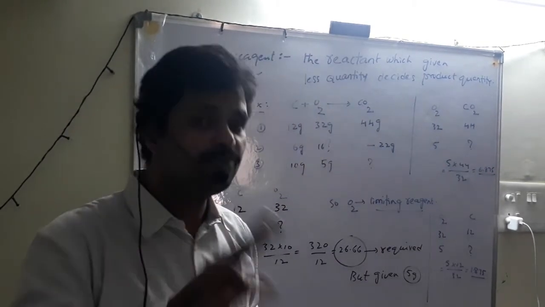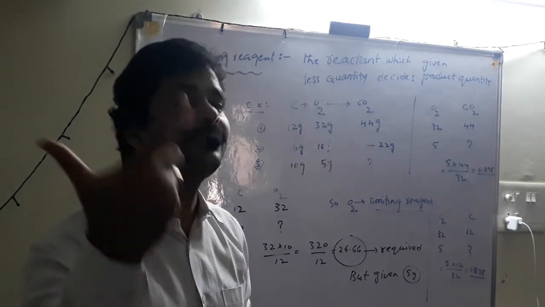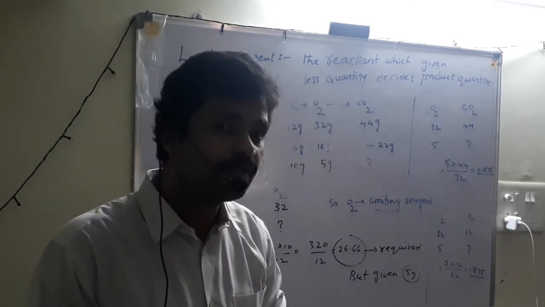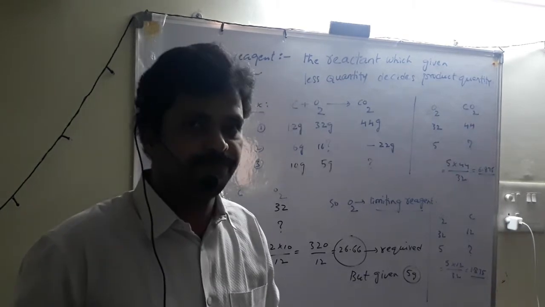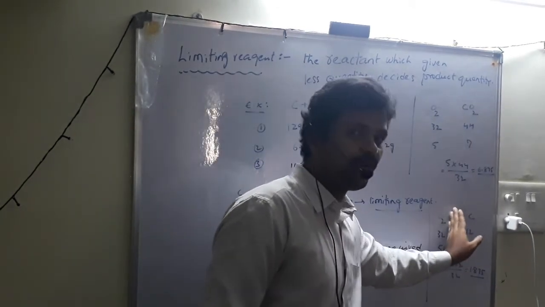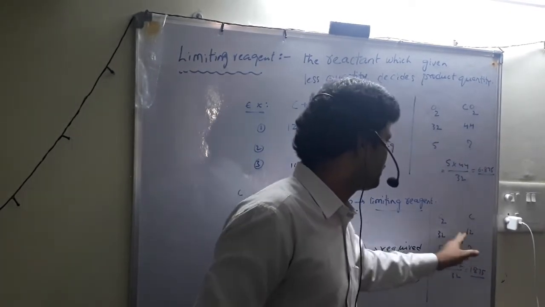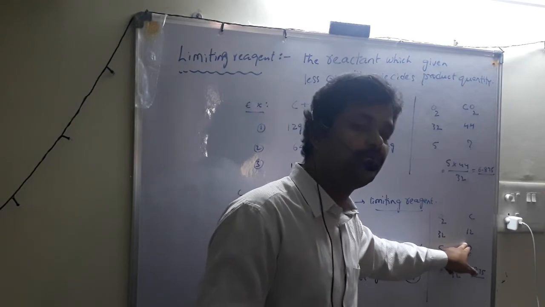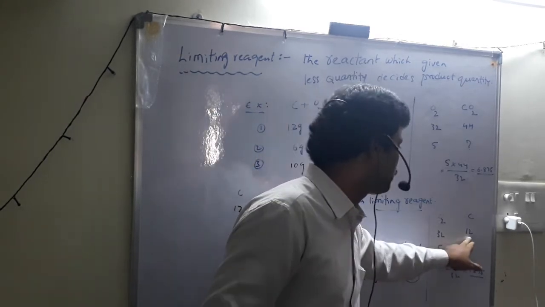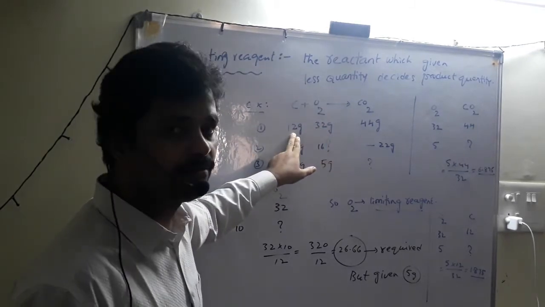We can even do a third model question also: how much carbon is in excess, how much excess, how much is consumed can be calculated. Again the same pattern. Limiting reagent we will write on the left side, required quantity on the right side. The first step: standard quantities 32 and 12.